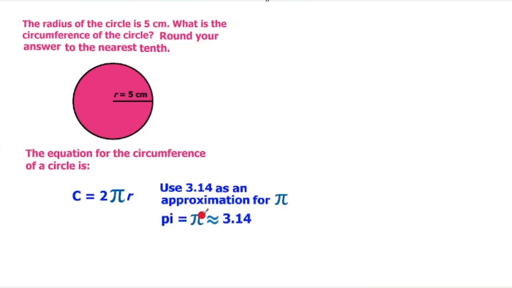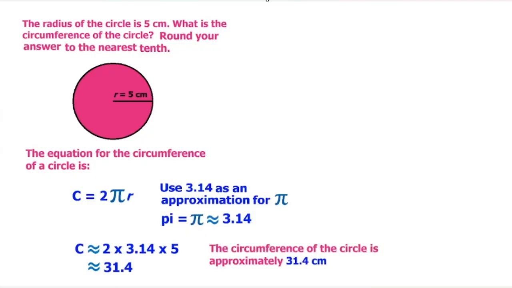So pi equals this symbol, which is approximately equal to 3.14. So when we do the calculation, we plug in the number for pi. So 2 times 3.14 times the radius, which is 5, and we just calculate it out. So the circumference of this circle is approximately 31.4.